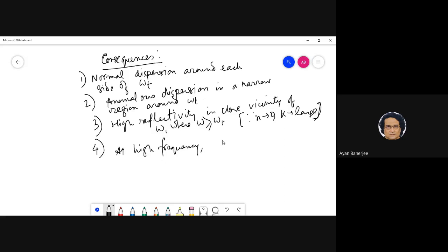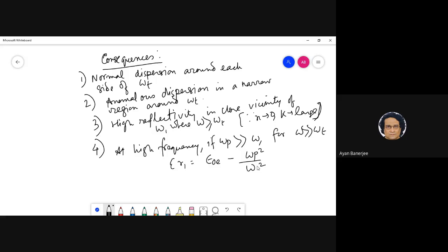you have, for example, if omega p is much greater than omega, and omega is much greater than omega t, suppose these are the two conditions. So we have epsilon r1 equals epsilon 0e minus omega p square by omega square. This is fine, right?